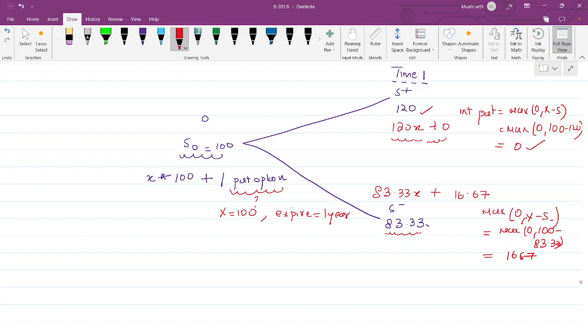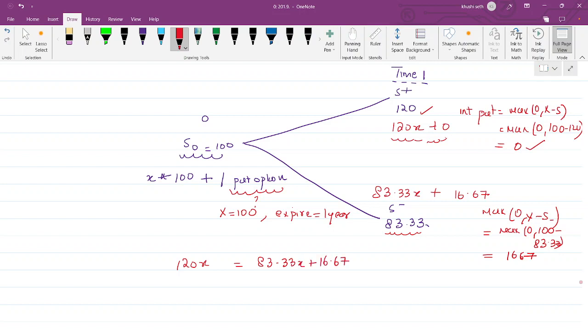Now we have the value of our hedged portfolio in case of an up move and in case of a down move. Now we are going to calculate x in such a way that the value of my portfolio stays the same irrespective of an up move or a down move in the underlying, right? So the value of my portfolio in the case of an up move is 120x, and the value of my portfolio in case of a down move is 83.33x plus 16.67.